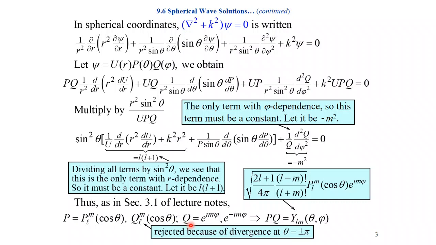Q here is easy: exponential i m phi, exponential minus i m phi. P and Q can be combined into spherical coordinates as spherical harmonics, Y_LM. So it's a spherical harmonic. We talked about spherical harmonics before.